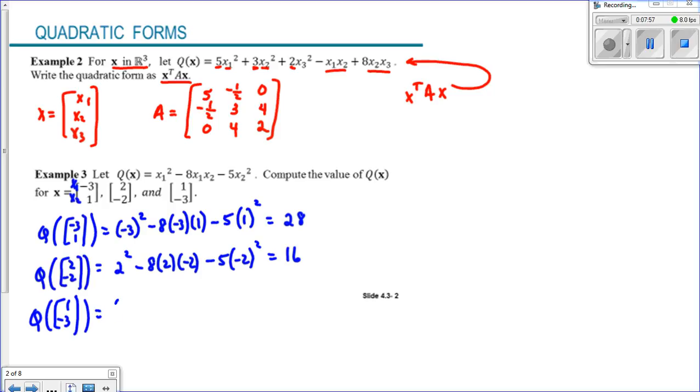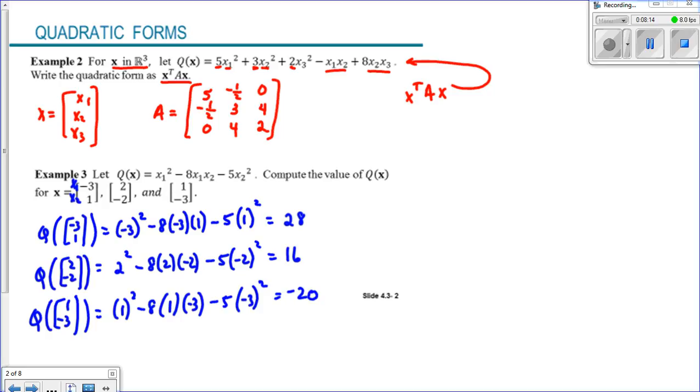Okay, the third example, we'll have 1 squared minus 8 times 1 times negative 3 minus 5 times negative 3 squared. So that's 1 plus 24, so there's 25, minus 45 is negative 20.